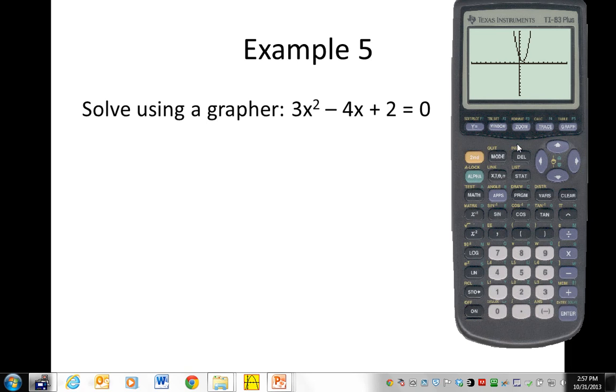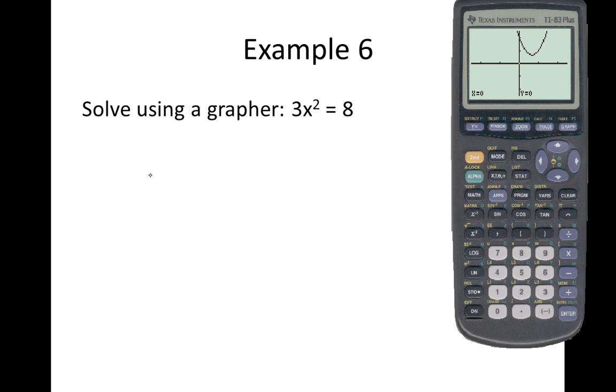Let me press zoom, and I'm going to do zoom in. So zoom 2, and then just press enter. Well, what do we notice here? I'm not going to have any points of intersection, right? So here we have no solutions.